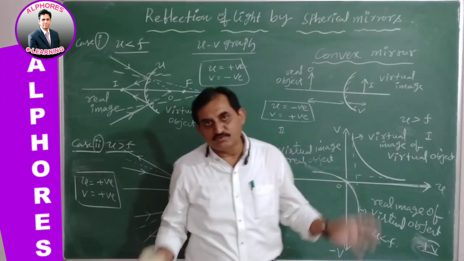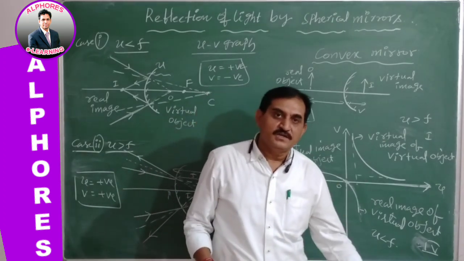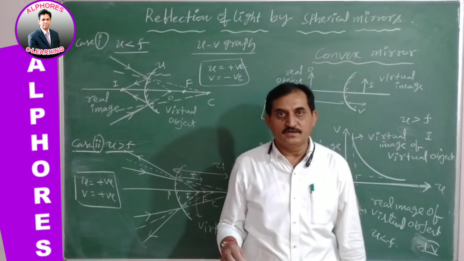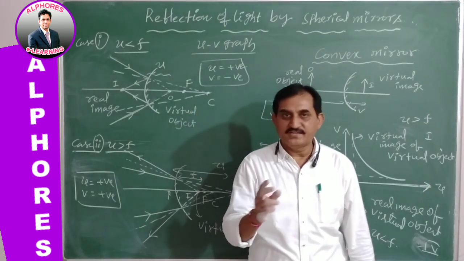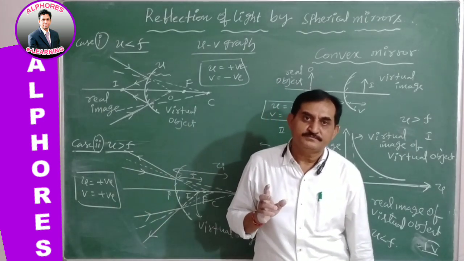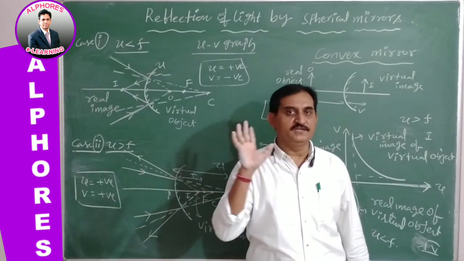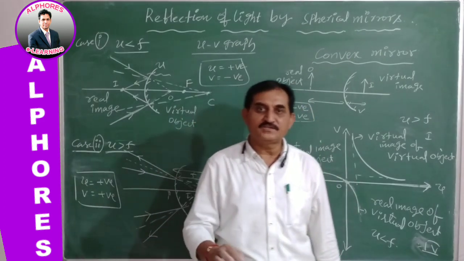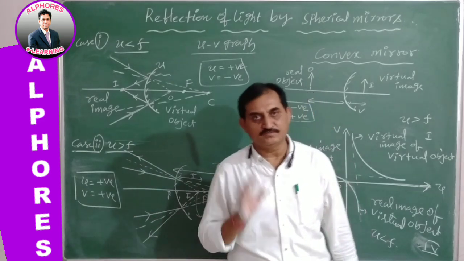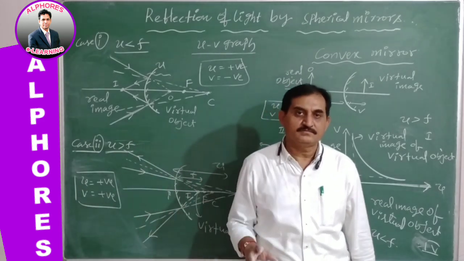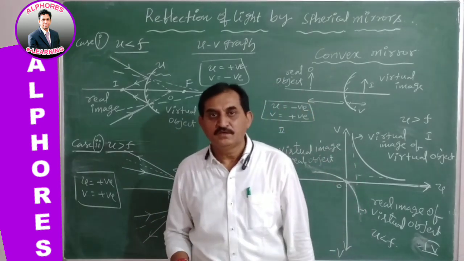So this is all about the uv graph for concave and convex mirror. And keep in your mind, lastly I am stressing 2 more points. Point number 1: a real object is always taken to be negative, its sign convention, u is negative. For a real object, always u is negative. For a virtual object, always u is positive.